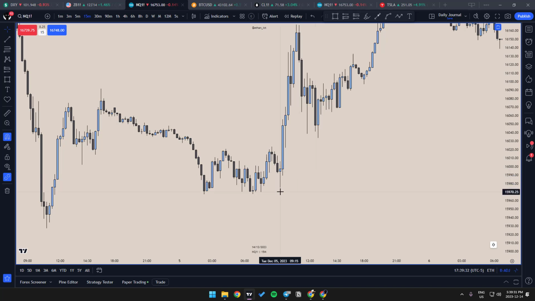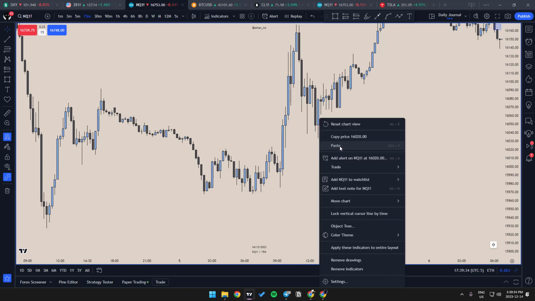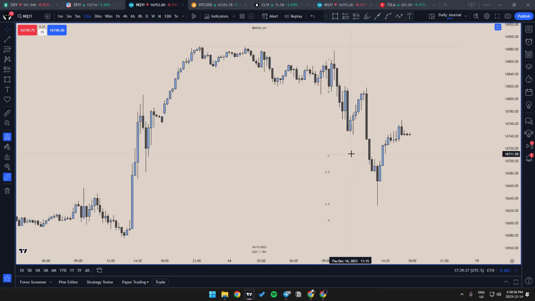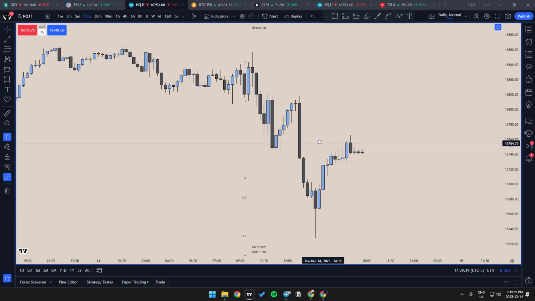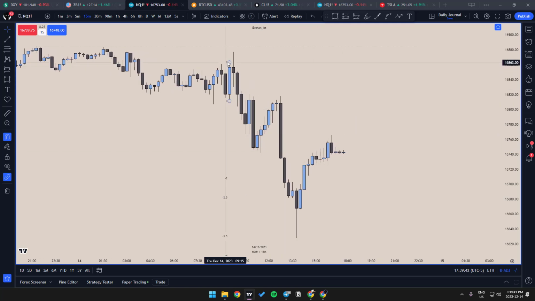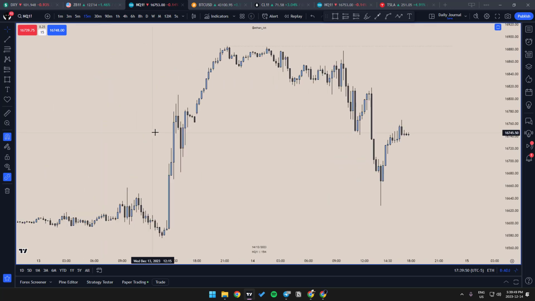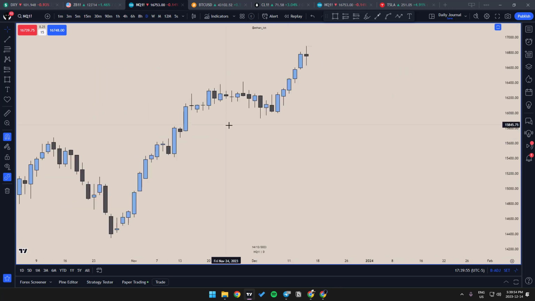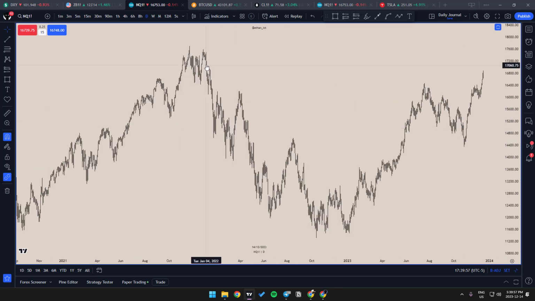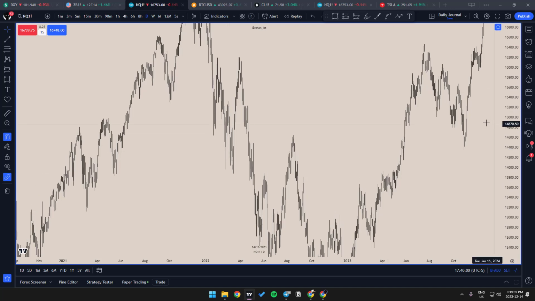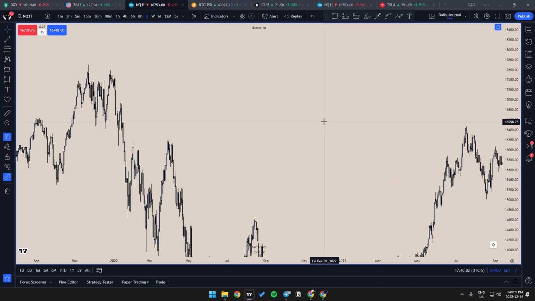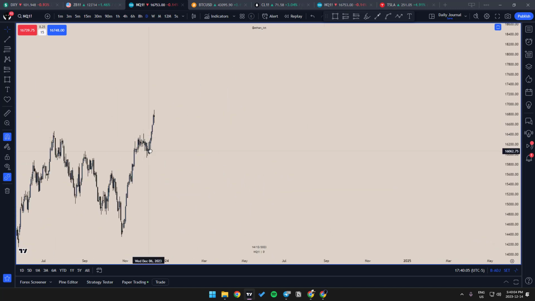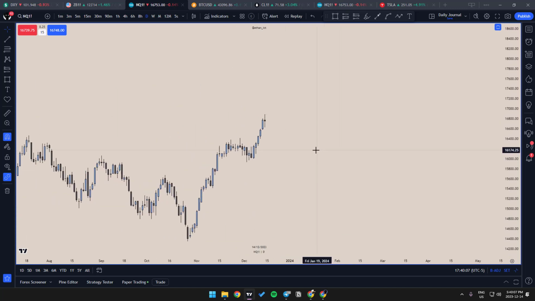Looks today like today's on the 15 minute. Daily volume imbalance. Is it all the way over here? Is this on NQ?